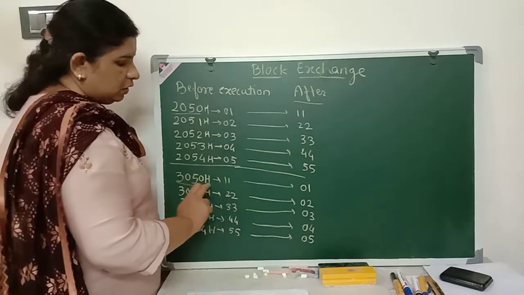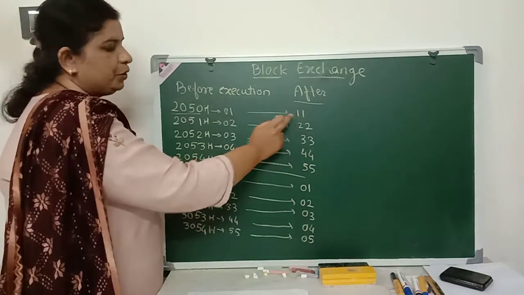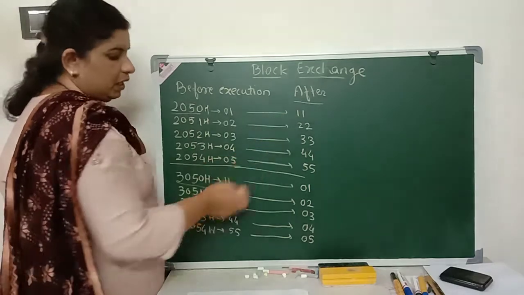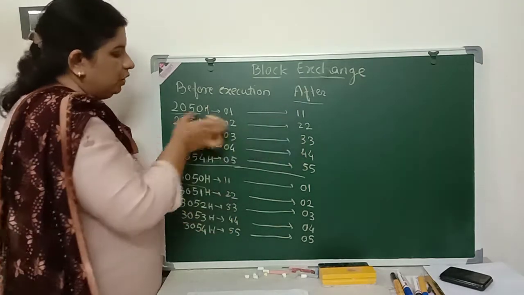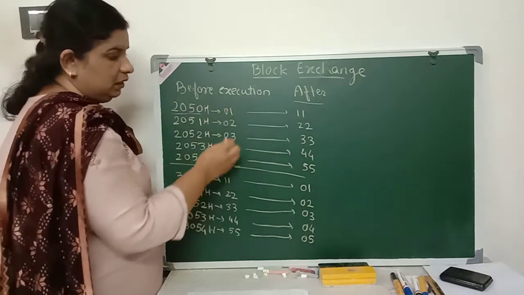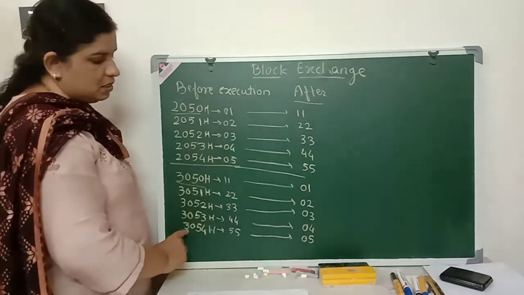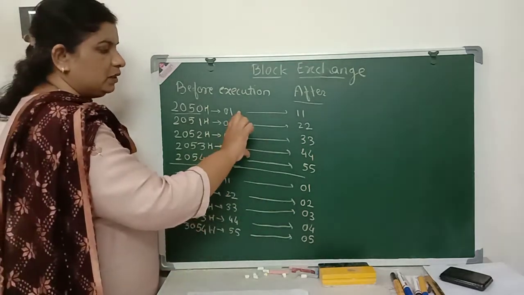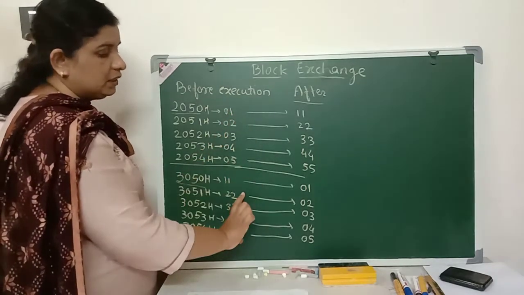See here, the first number which is stored in the next block has been copied to the first block. Okay, so this total block we have taken and copied to the first memory location, and whatever data was present here has been shifted to these memory locations. Okay, so the block of 5 numbers has been exchanged. So these 5 numbers have been exchanged with these 5 numbers.